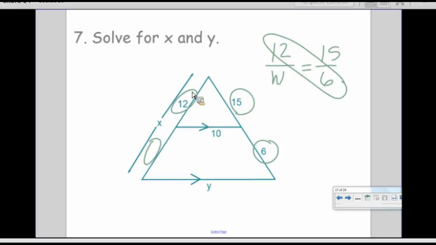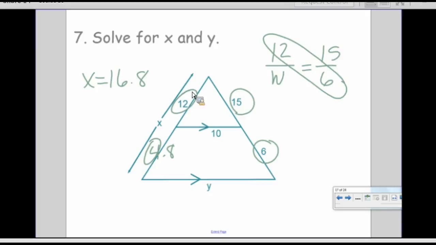Divided by 15. There we go. What is it? 4.8. So right here, this is 4.8. So Trinity, what is X? Okay. Did you write down what X is? 16.8.